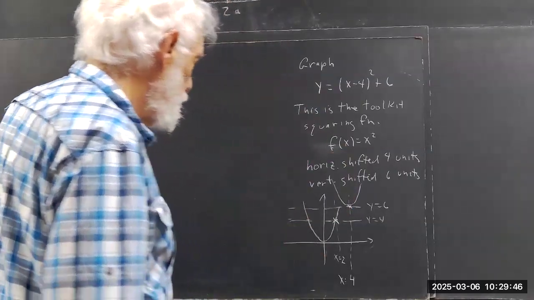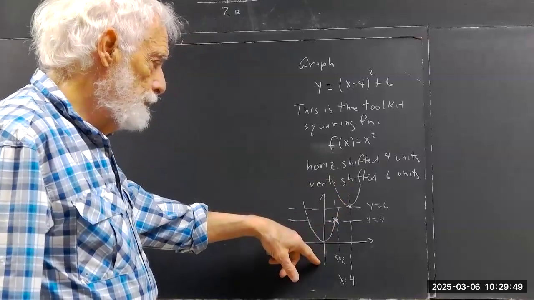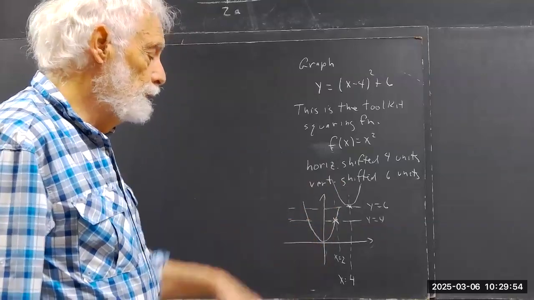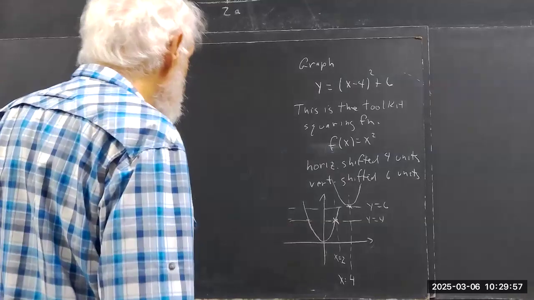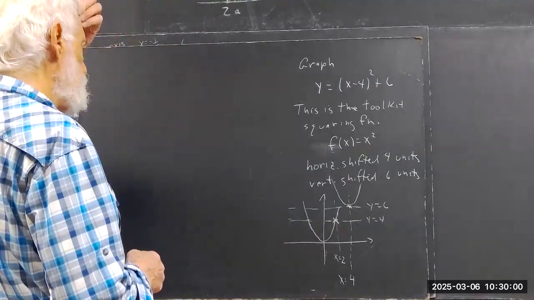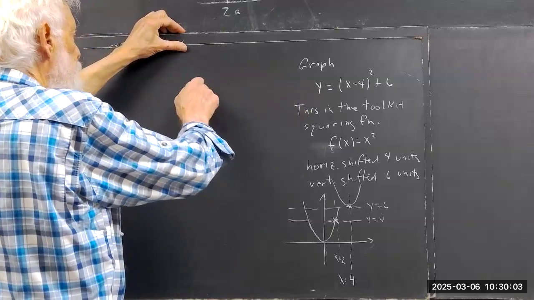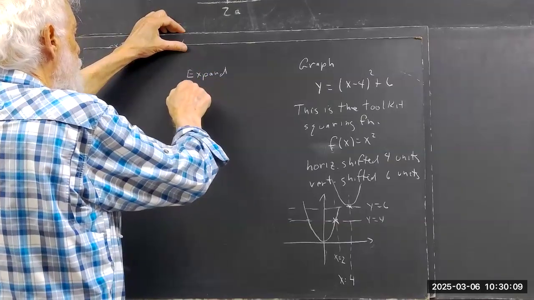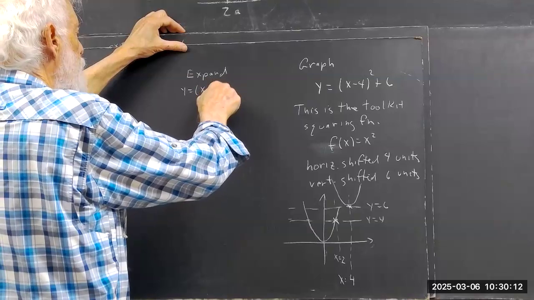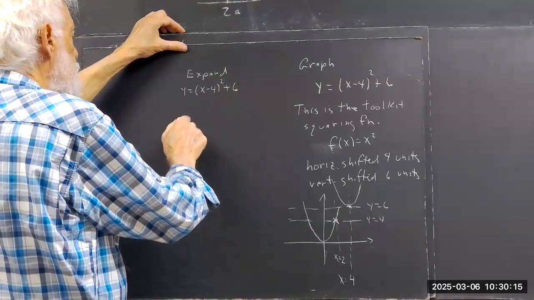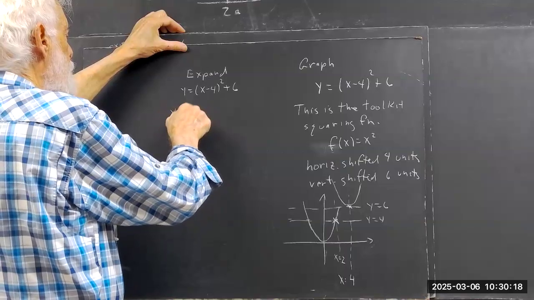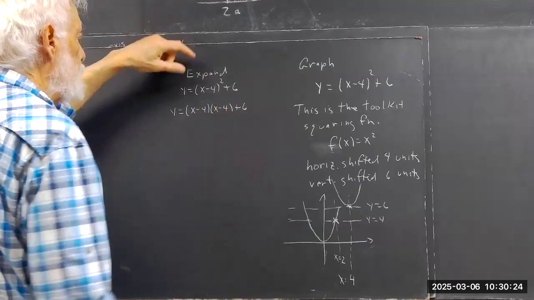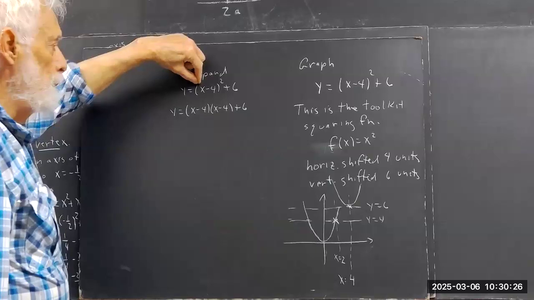Now, I just want to give you that picture. I think everybody here knows how to do those details. Let's see what this function looks like if we expand it, meaning we do the square here.